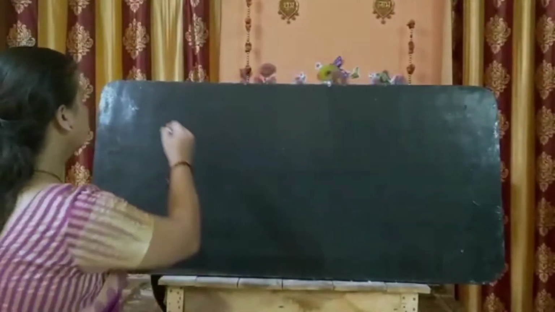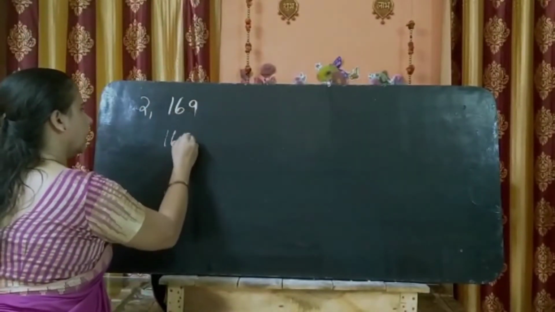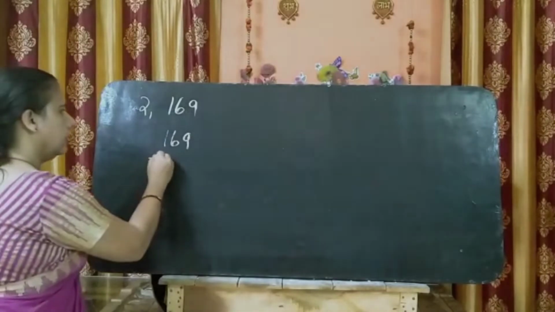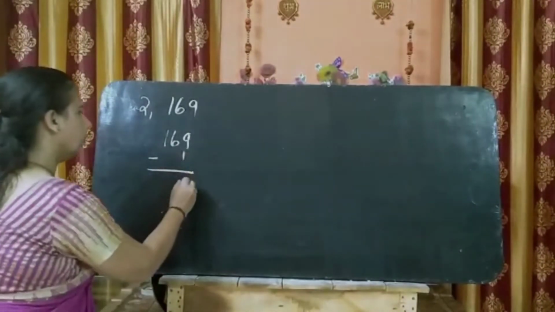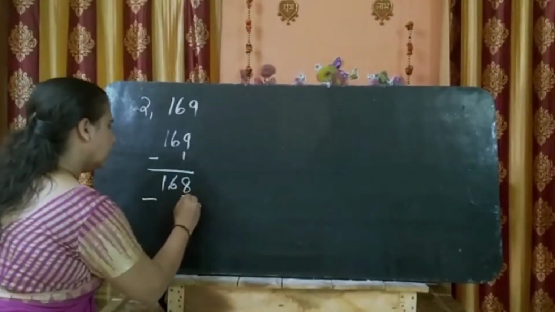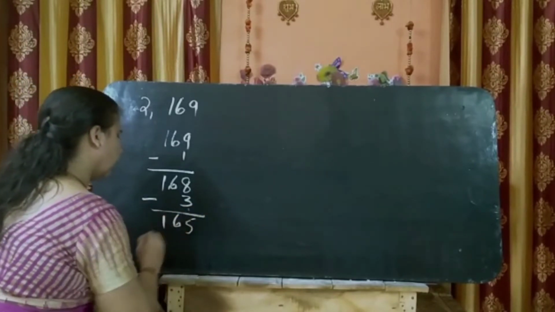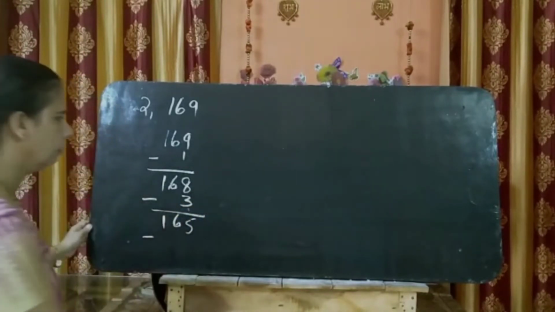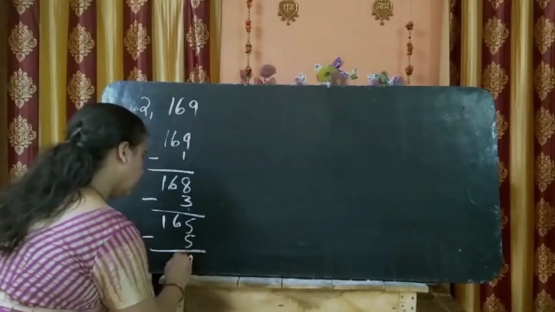Second question is 169. Then 169 minus 1. First odd number is 1. 168. Next odd number is 3. 168 minus 3, 165. Next odd number is 5. 165 minus 5, 160.